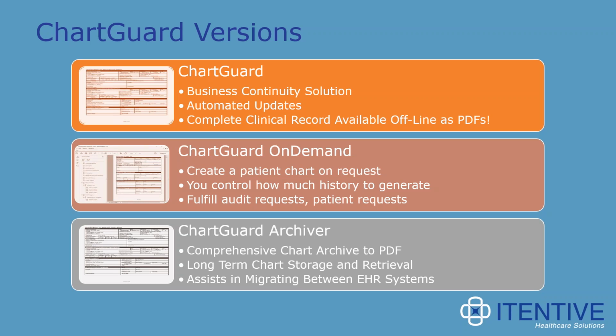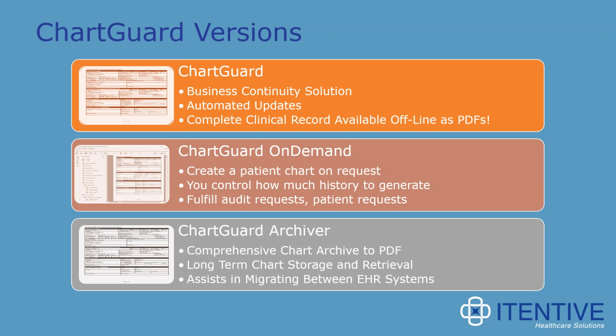So if you have somebody coming in to audit, and they want to take a look at a range of patient information, you can do the particular request with that range of information using ChartGuard.